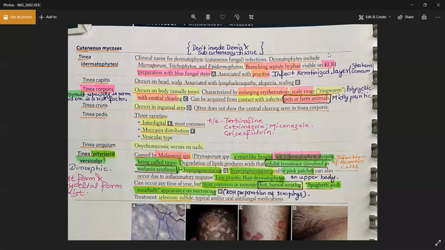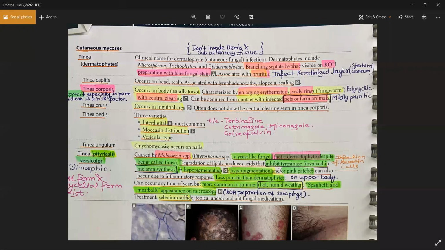Okay, and please note this fact that you will always diagnose these cutaneous fungi by KOH preparation, also known as the wet mount. Okay, potassium hydroxide preparation is very important to diagnose these fungi. Okay, and each of these fungi will cause pruritus.